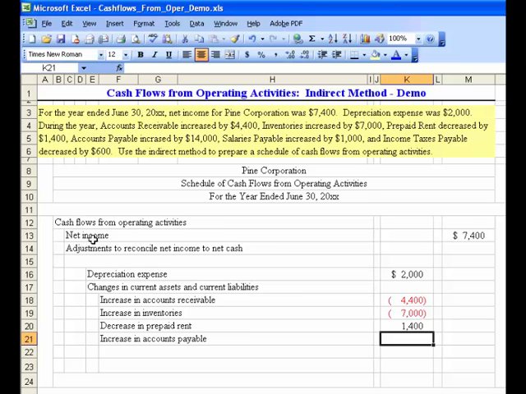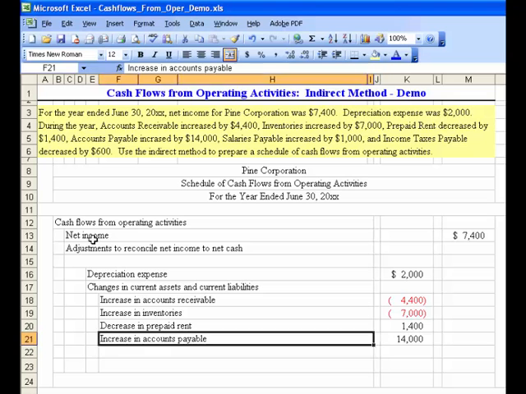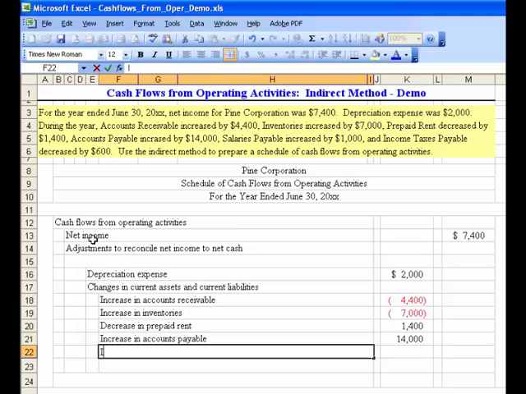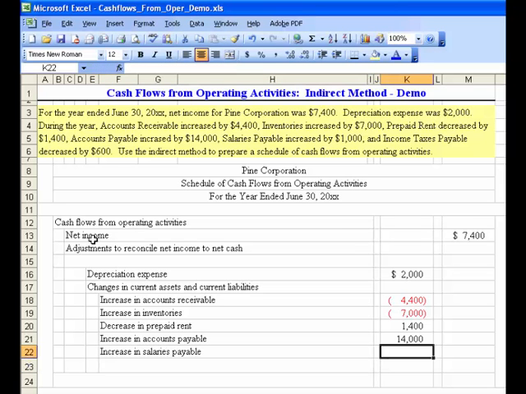So either way we look at that, $14,000 increase in liabilities implies that starting from net income, we had a $14,000 positive change in cash flow. The exact same logic works for increase in salaries payable.